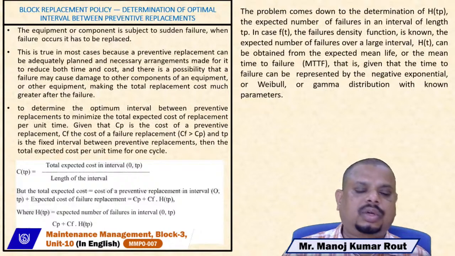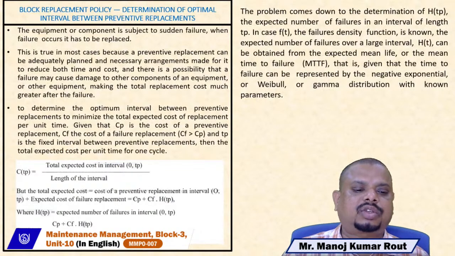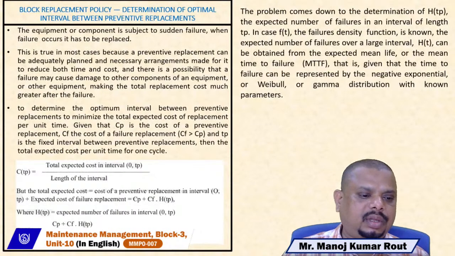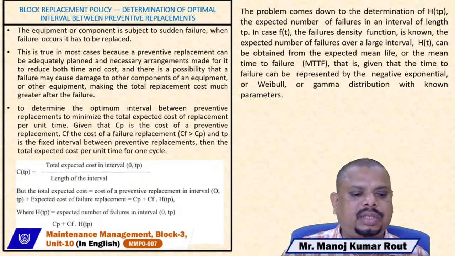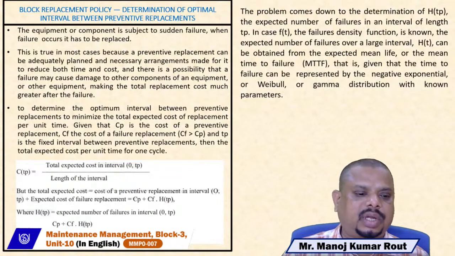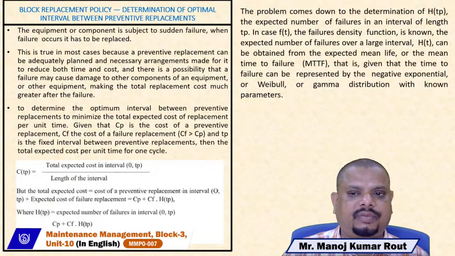That equals the cost of preventive replacement in the interval plus the expected cost of failure replacement, that is CP plus CF into H(TP). Here H(TP) is the expected number of failures in the interval, and in mathematical form, C(TP) equals CP plus CF into H(TP), divided by TP.